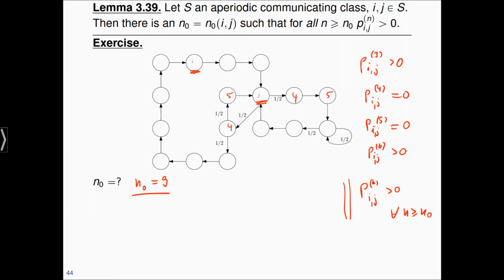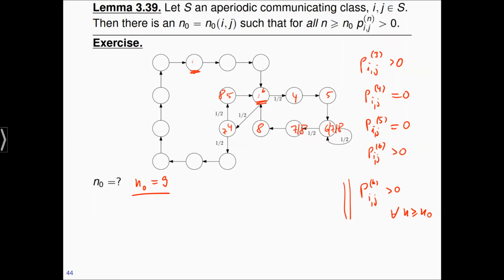After 6 steps you are here or you are here. Now after 7 steps you can be here or here or here. And after 8 steps you are either here or here or here or here.